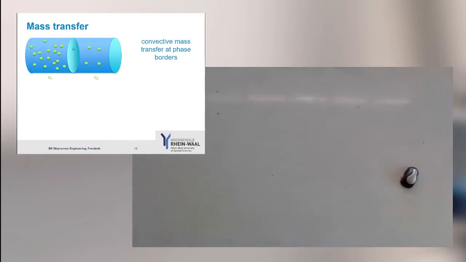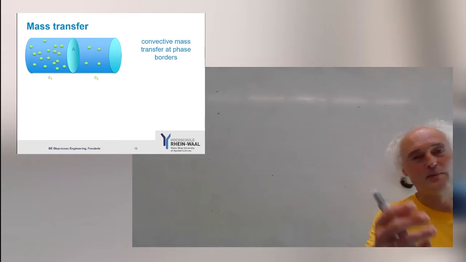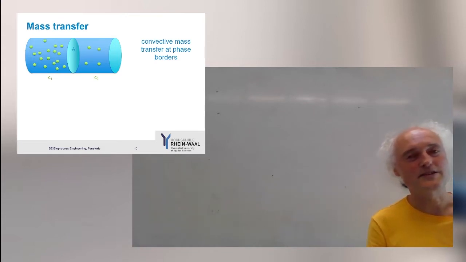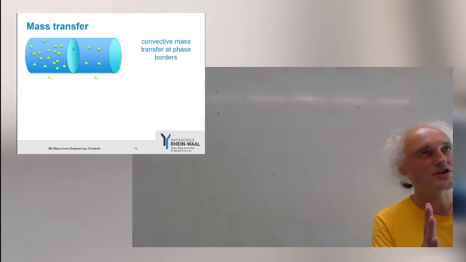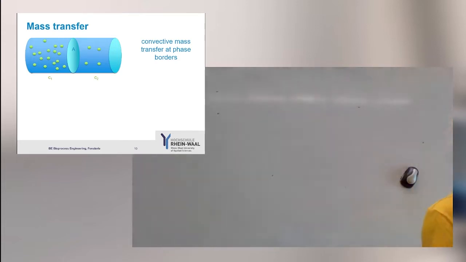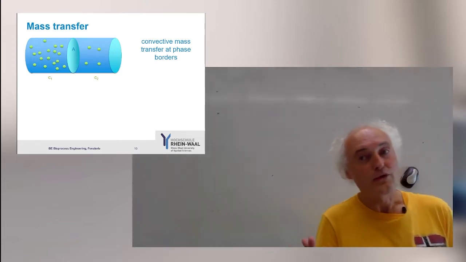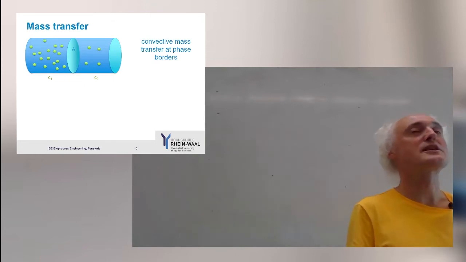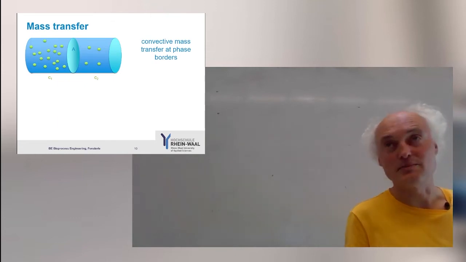So we see on the board that this is a phase in between. So there is a phase change, and on the left side we have a certain concentration C1. On the right side we have another concentration C2. And of course, at these phase borders, the masses can transfer. Otherwise, it makes no sense.